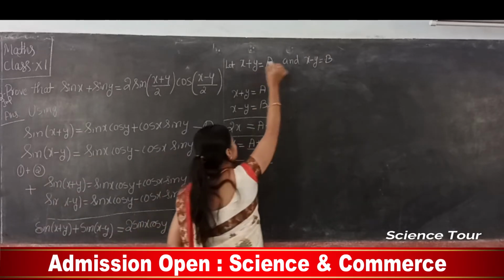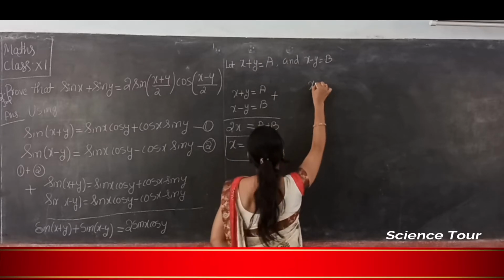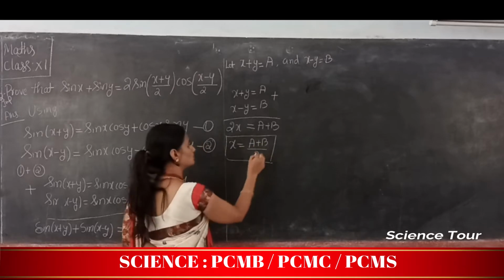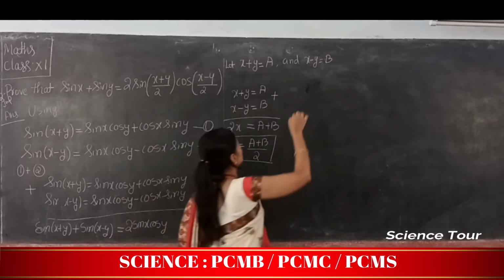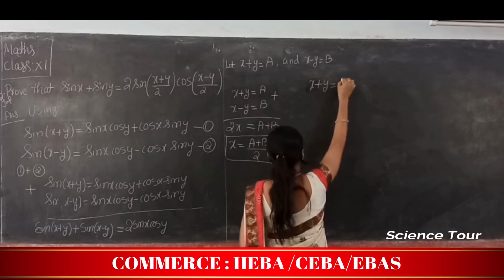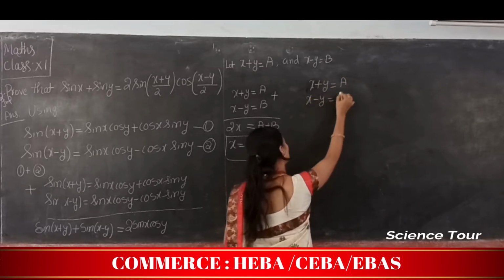So now I subtract these two equations. We have x plus y is equal to a and x minus y is equal to b.